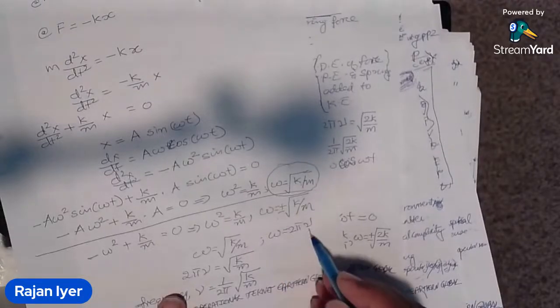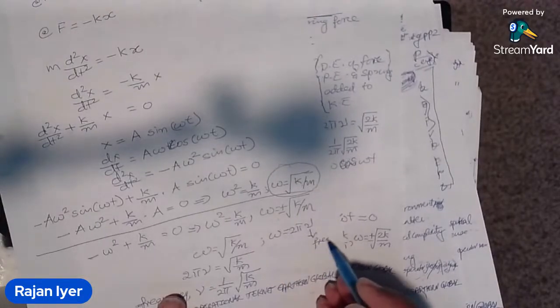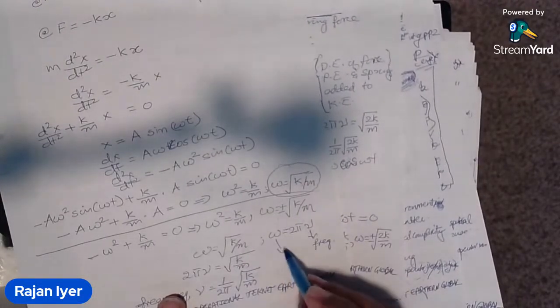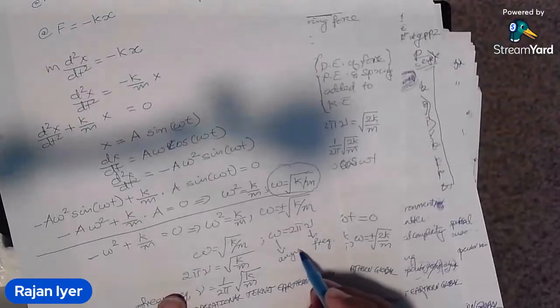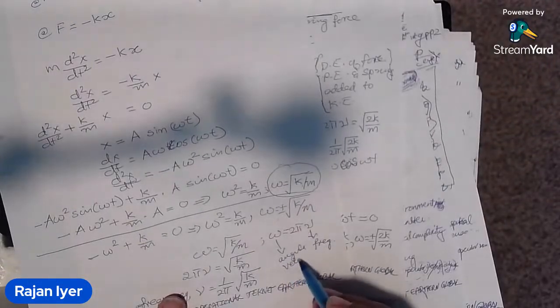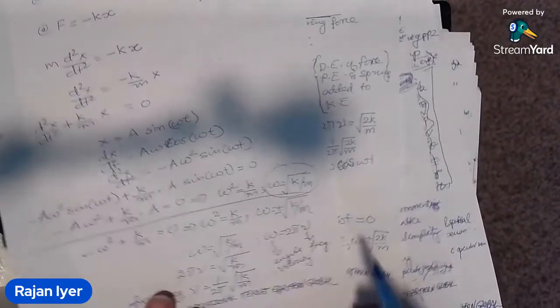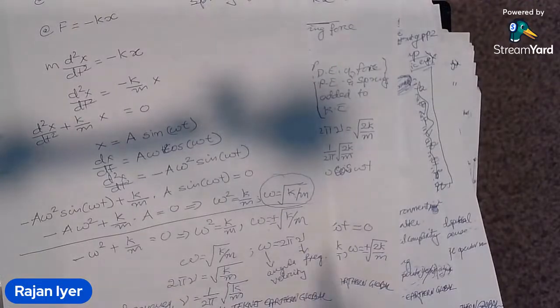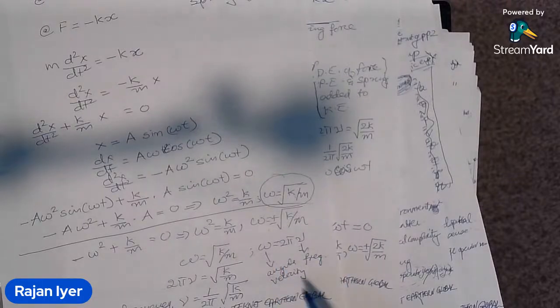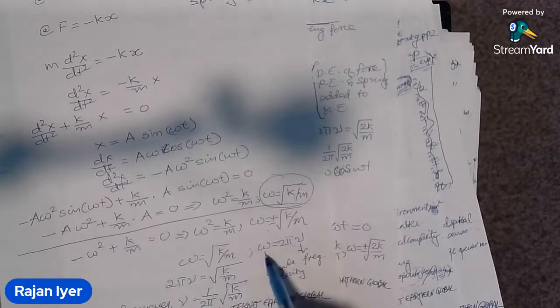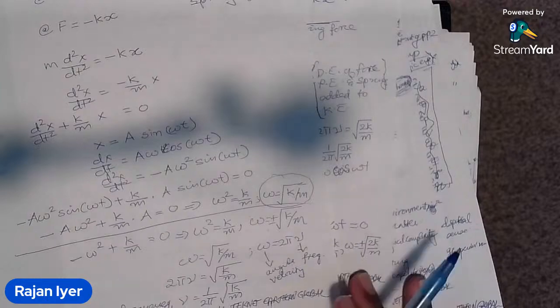Where nu is the frequency, and omega is the angular velocity. Oh, okay. So that's the connection between omega and the frequency nu. It's a very simple relationship.